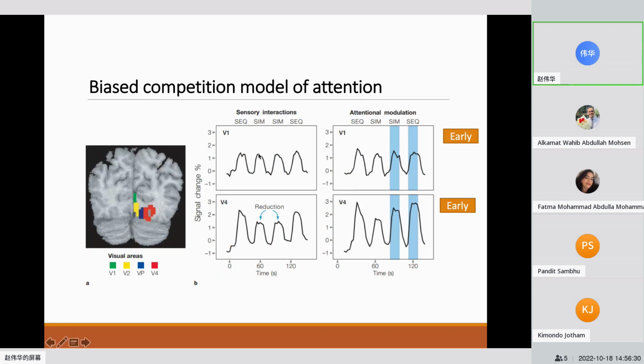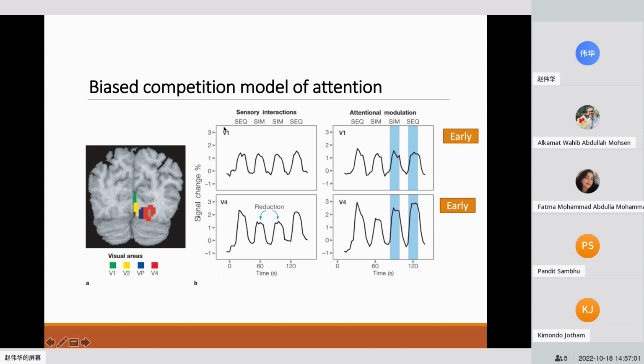We can see the percentage of signal change over time in areas V1 and V4 as a function of whether the stimuli were presented in the sequential or simultaneous condition, and also as a function of whether they were unattended, or whether the attention was directed to the target stimulus.